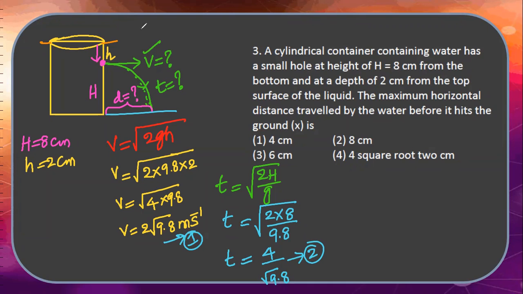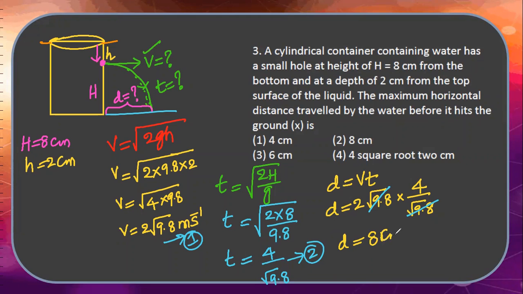Then the horizontal distance covered, D, is equal to horizontal velocity into time of flight. So D is equal to 2 into the square root of 9.8, times 4 divided by the square root of 9.8. The square root of 9.8 cancels. D is equal to 2 into 4, which is 8 centimeters.